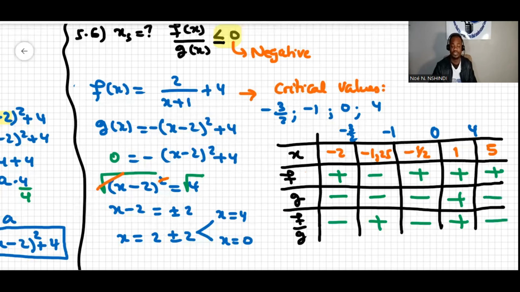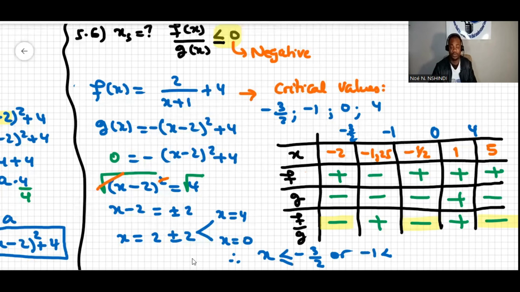So our solution is where we're looking for the negative values, it's there and there. Therefore, we can say our solution is x is less than -3/2, or x is between -1 and 0.